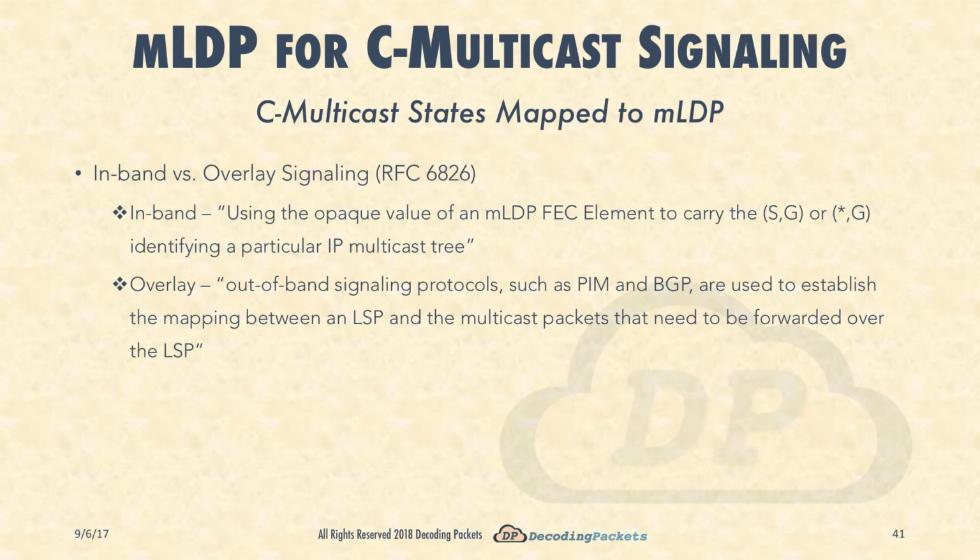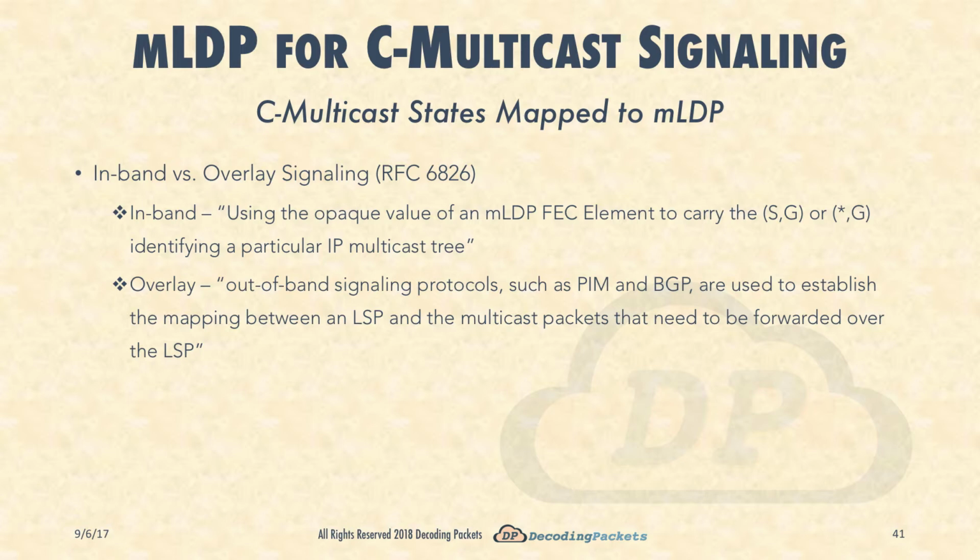But to really understand these terms, it's important to revisit our MLDP concepts one more time and see what these things really are. What constitutes MLDP? We obviously have multipoint LSPs, and then what identifies a multipoint LSP?